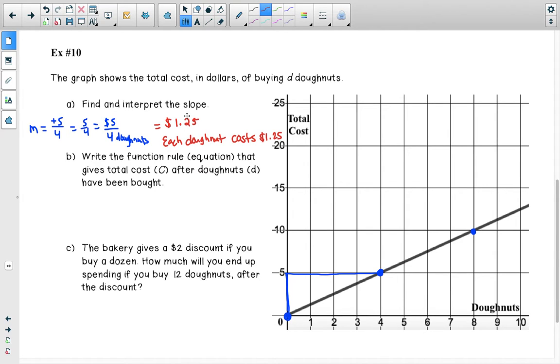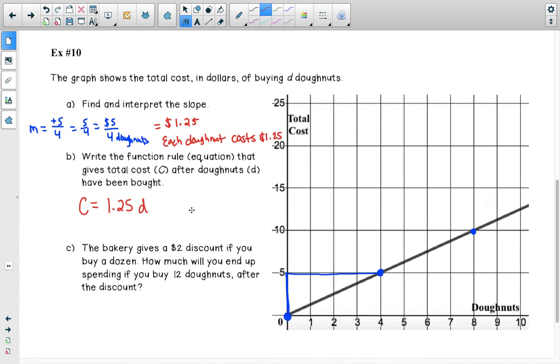So let's write the function rule or the equation that gives the total cost C after D donuts have been bought. So again, we want to use the C and D. The y value is the C. So we know it's going to be C equals. Slope-intercept form tells us we need our slope, which was $1.25, times our variable, which is D, plus our constant or our y-intercept. Our y-intercept in this case is 0, so we don't have to put plus 0.